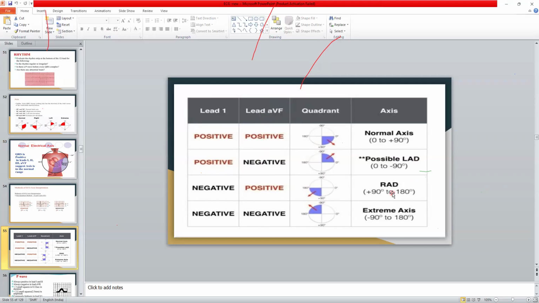In RAD, the opposite will occur. That is, in lead 1, the R wave is smaller than the S wave, whereas in lead AVF, the R wave is larger than the S wave. That is, the quadrant is +90 to +180.